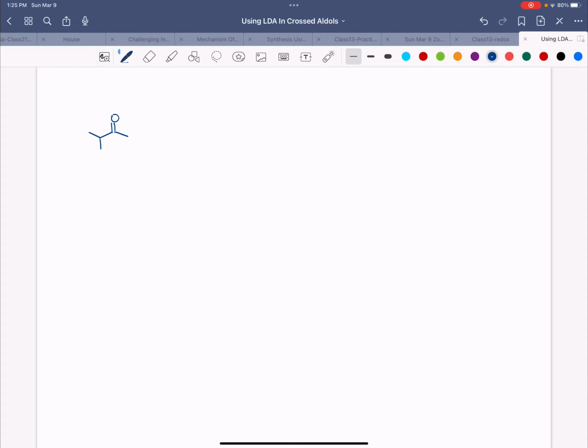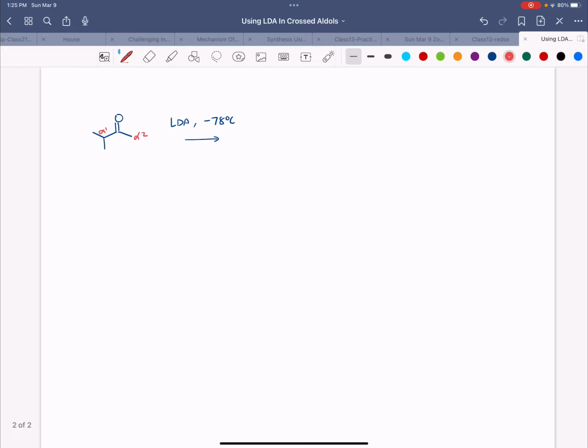When you do LDA, and I am going to put the temperature now for sure, you get what's called the kinetic enolate if you have two choices. And we do have two choices. We have the alpha 1 on the left and the alpha 2 on the right.